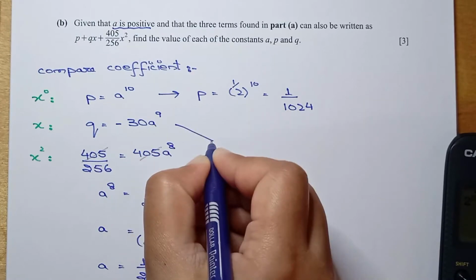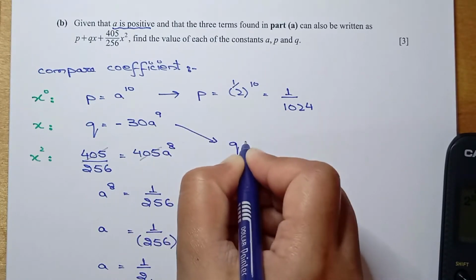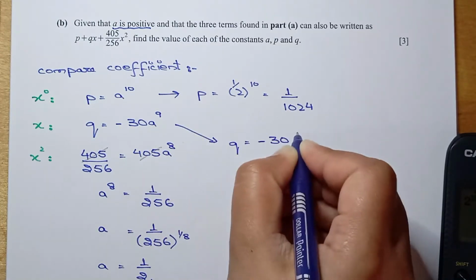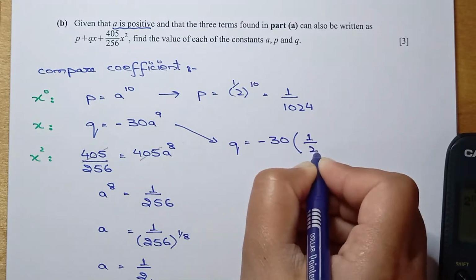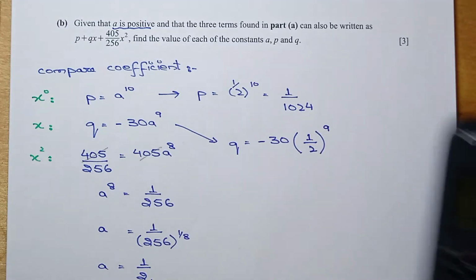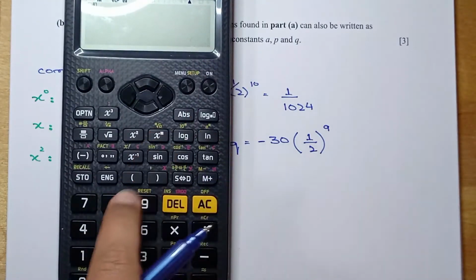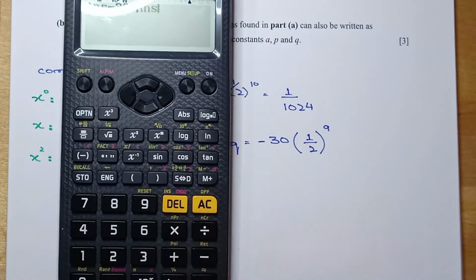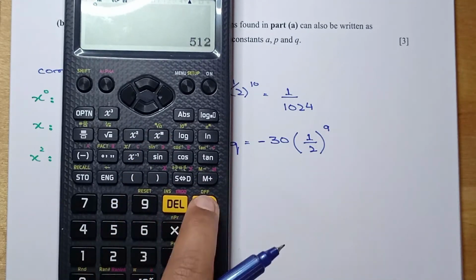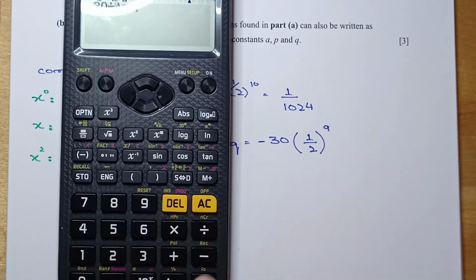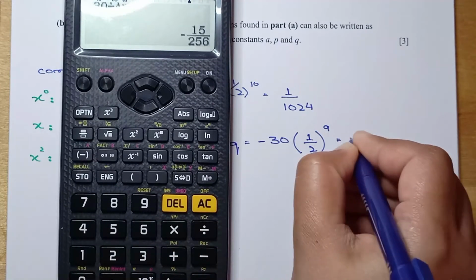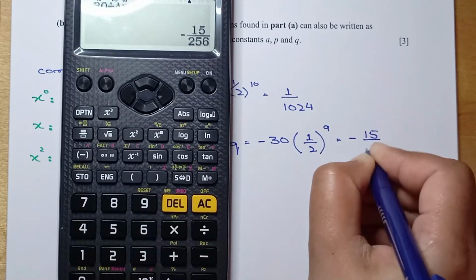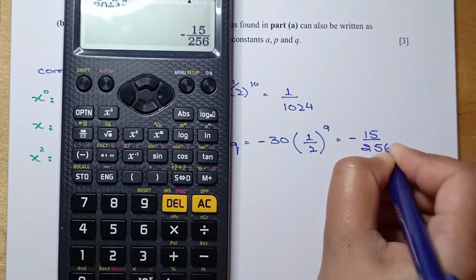And from here we will get q. q will be minus 30 times a power 9. So 2 power 9, because 1 power 9 is 1, and then minus 30 divided by 2 power 9, right? And minus 30 divided by 512 is minus 15 over 256, right?